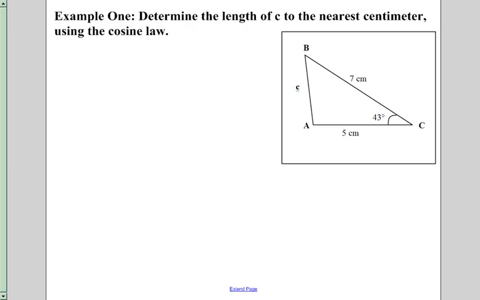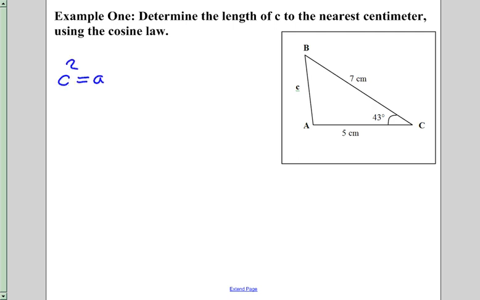Okay, so let's try to use it. Example 1. Determine the length of C to the nearest centimeter. Since I'm looking for side C, I need to write out the equation that starts like this.